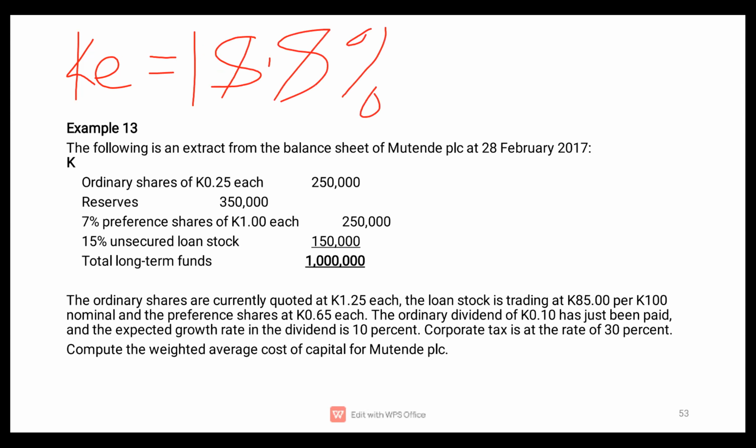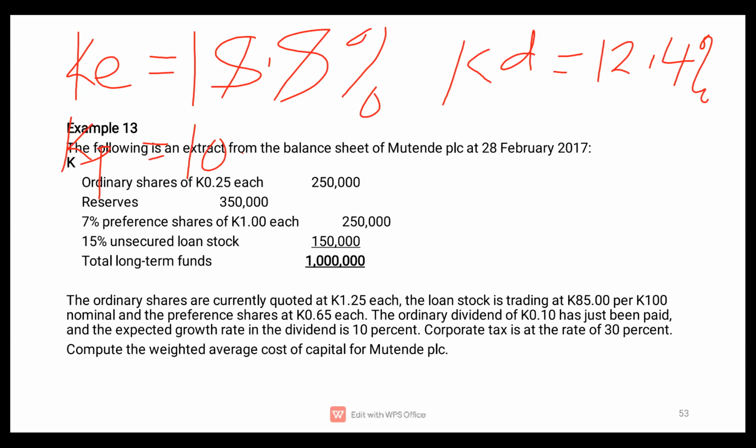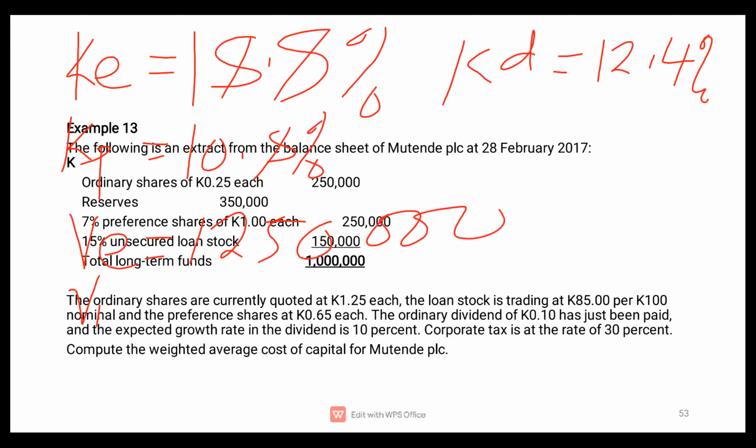Then what's the cost of debt? The cost of debt, we found 12.4. And the cost of preference shares, we found 10.8%. Then the value of equity, we found 1,250,000. Then the value of the preference shares was given as how much was it? 162,500.